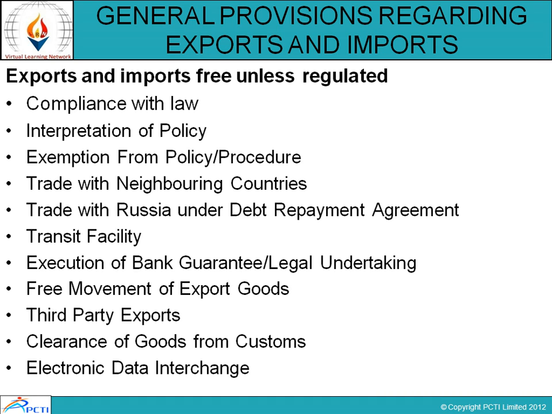Then another is the third party export. Here a license holder may export directly or through a third party. Clearance of goods from customs: goods already imported, shipped and arrived in advance but not cleared from customs may also be cleared against a license issued subsequently. Then electronic data interchange, that is EDI.